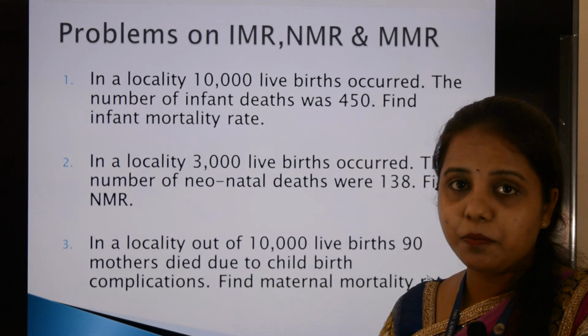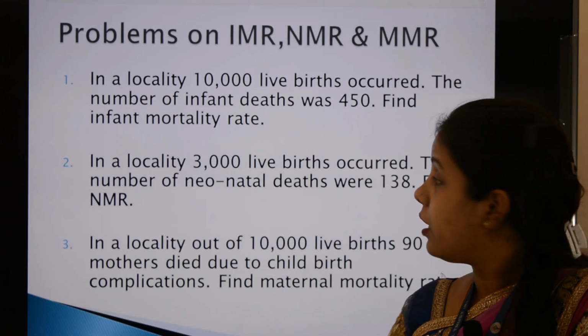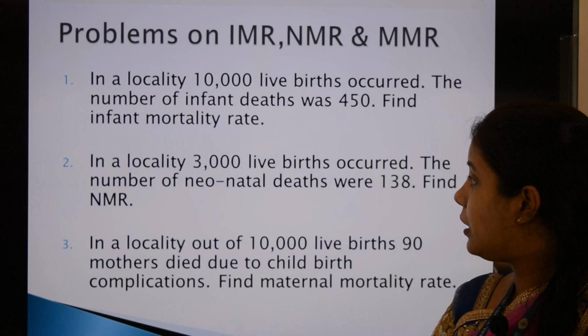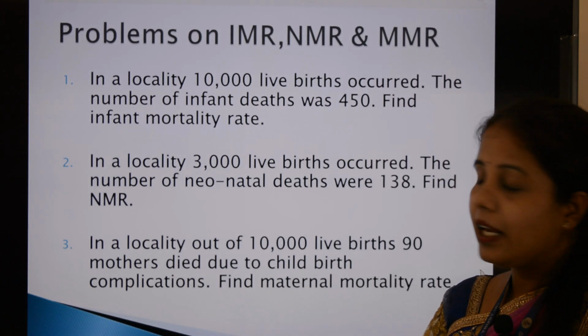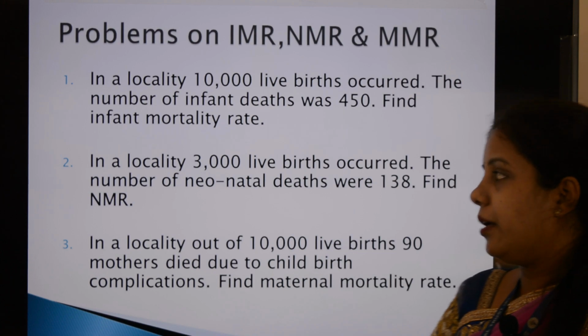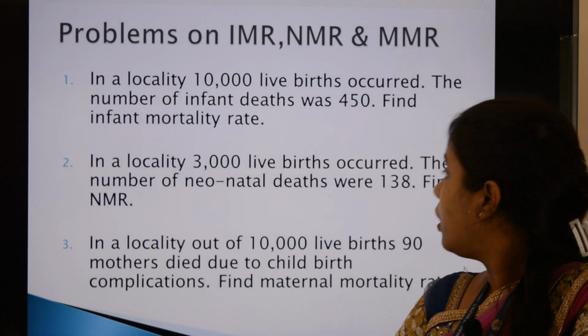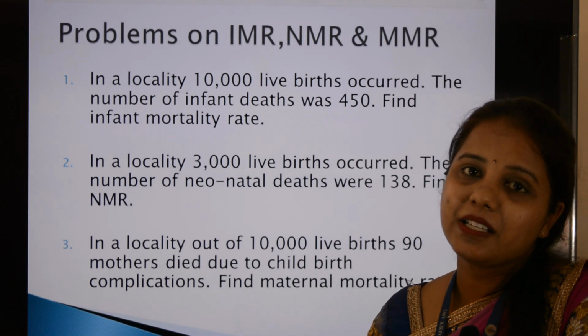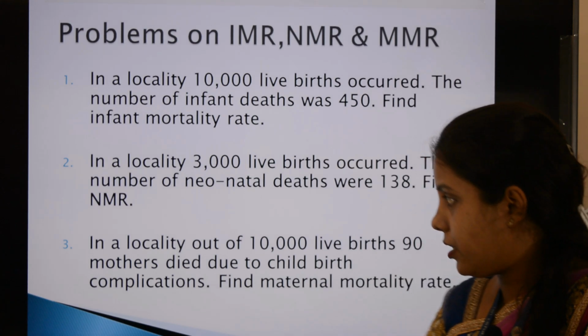Then second problem, in a locality 3000 live births occurred. The number of neonatal deaths were 138. Find NMR. That means out of 3000 live births, 138 babies died before reaching 28 days.